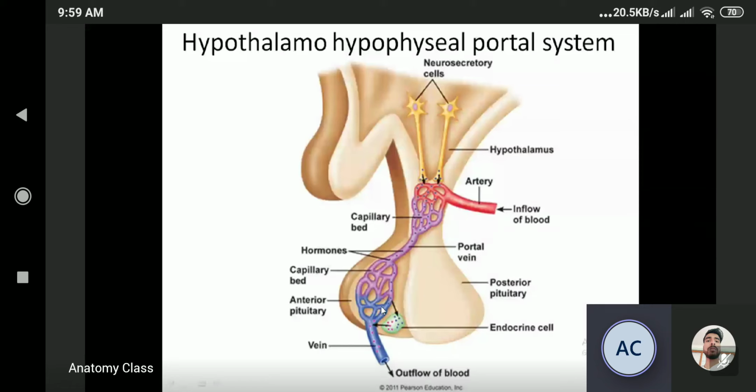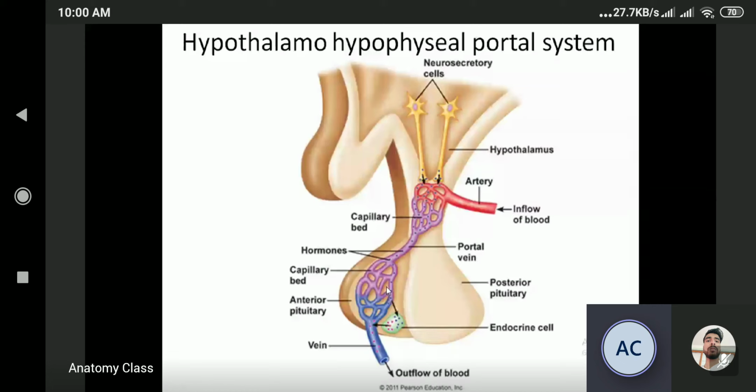This way, the blood passes through two sets of capillaries, forming the hypothalamo-hypophyseal portal system. Finally, the releasing hormone and release-inhibiting hormone are perceived by the secretory cells of the anterior pituitary, which release or inhibit the hormone according to the requirement of the body. This system of blood vessels connecting fenestrated capillaries, making the connection between the hypothalamus and anterior pituitary, is known as the hypothalamo-hypophyseal portal system.